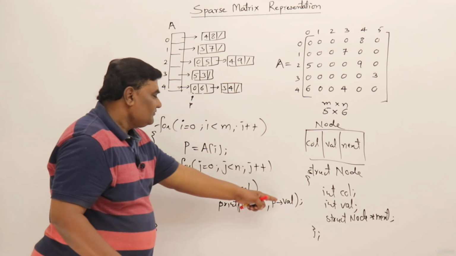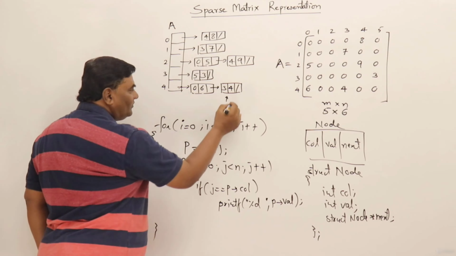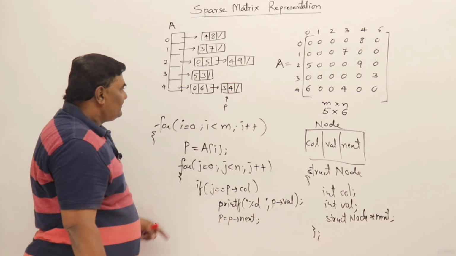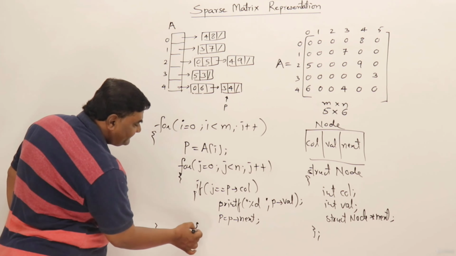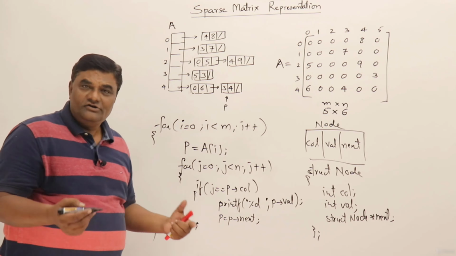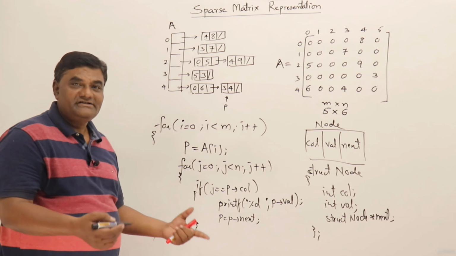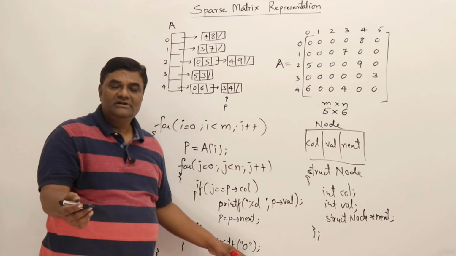Print the value, and also move P to the next node. This I have to do if the column number is matching. If it is not matching, else I should print 0. That's all.